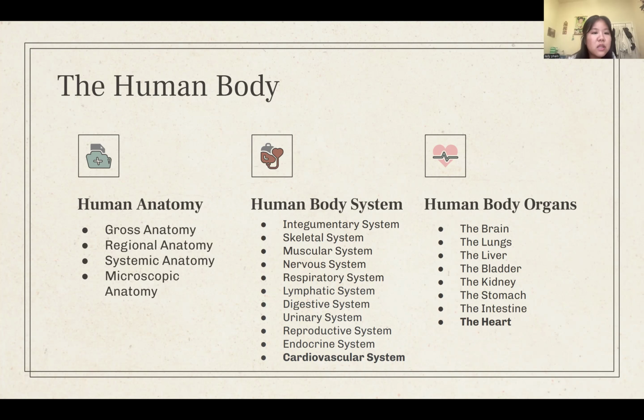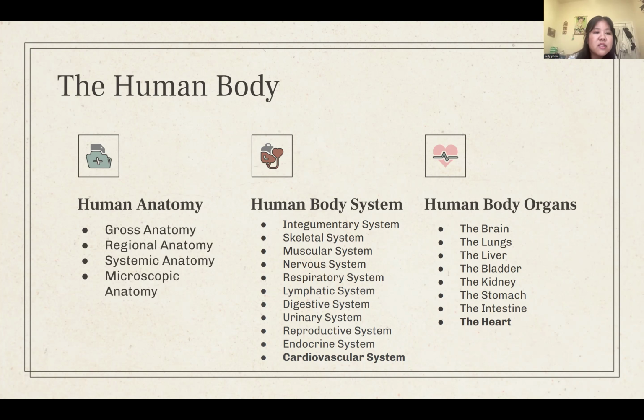Now, moving on to the human body systems, there are many parts of the human body system. One, the integumentary system, the body's largest organ system, forming a physical barrier between the body and the external environment. The skeletal system, made up of bones that give structure to the human body.